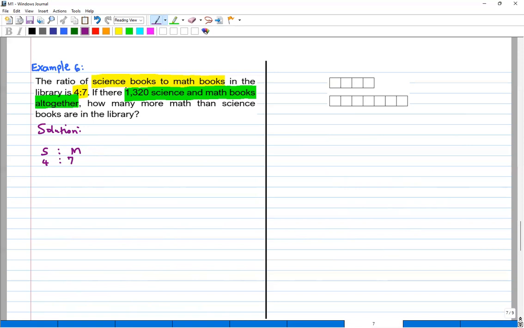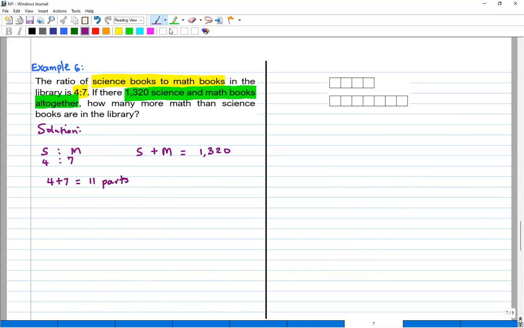But the total number of science books and math books, when we add science books and their math books, we are going to get 1,320. You see that? So it means that when we add these ratios, it will be 4 plus 7, and this will give us 11 parts.